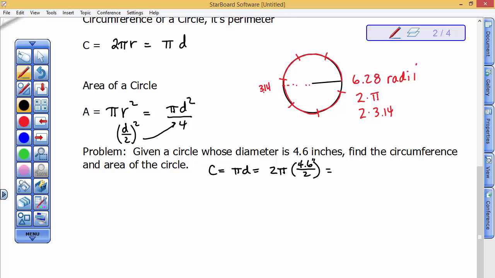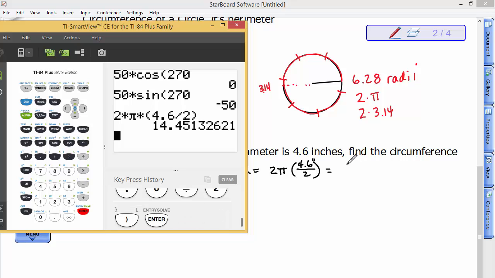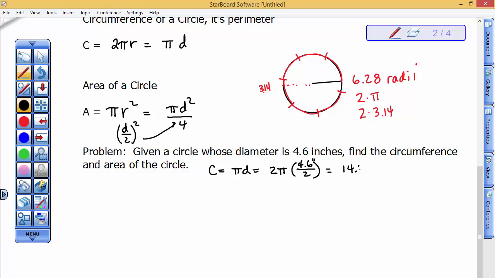When you type that on your calculator, 2 times pi times, I'm going to put the 4.6 divided by 2 in parentheses, and it tells me that the circumference of the circle is 14.45 inches.